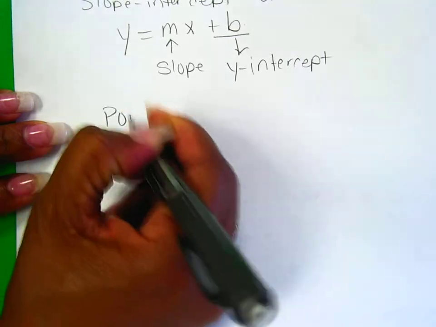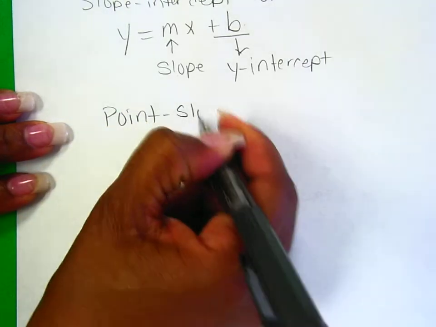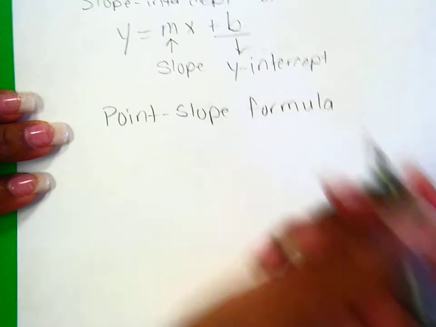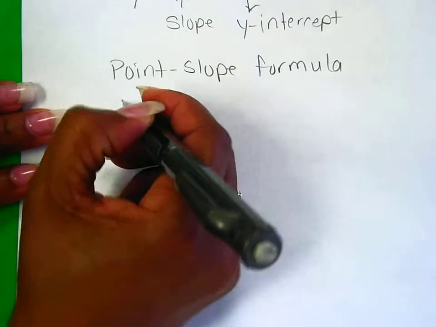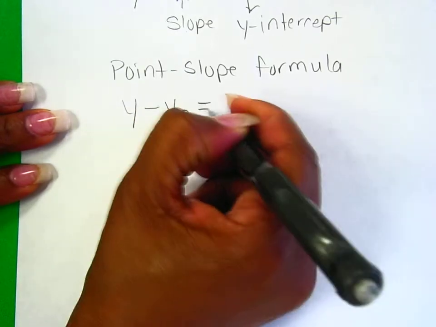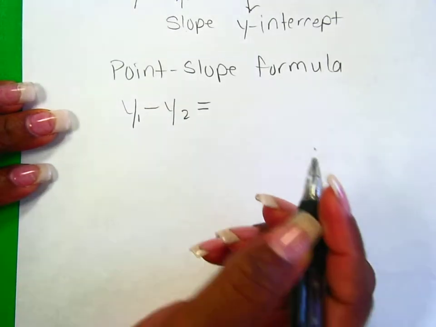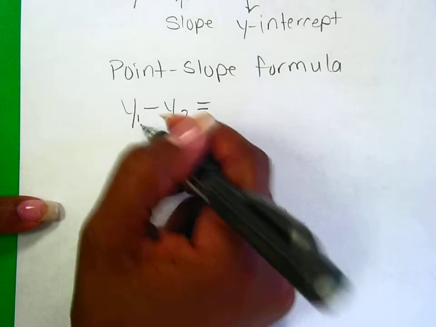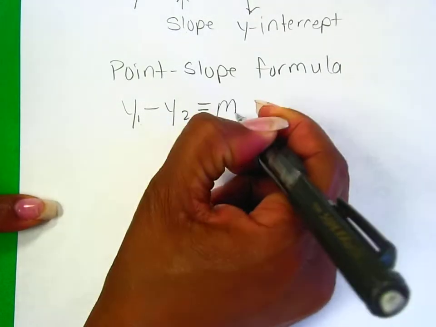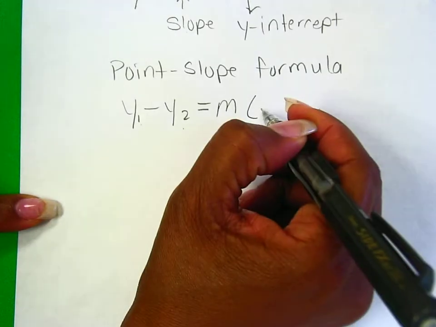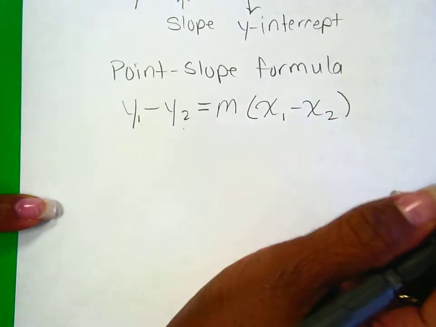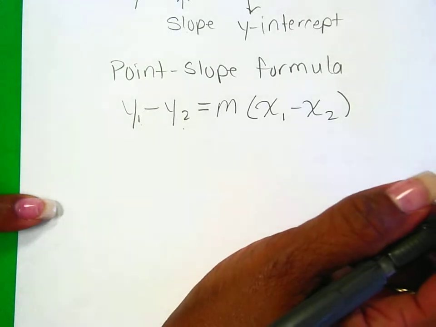which is y minus y sub 1 equals the slope, open parentheses, x minus x sub 1.